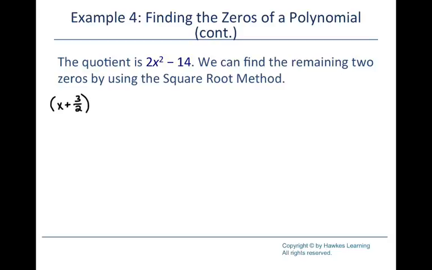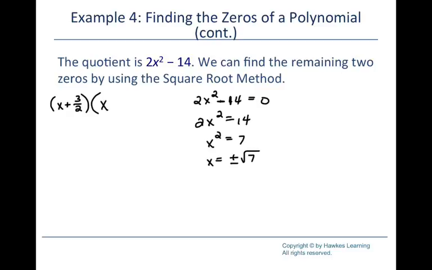And then if we say 2x squared minus 14 equals 0, 2x squared equals 14. Divide by 2, x squared is equal to 7. So x is going to be plus or minus the square root of 7. So we also have x minus the square root of 7 and x plus the square root of 7.